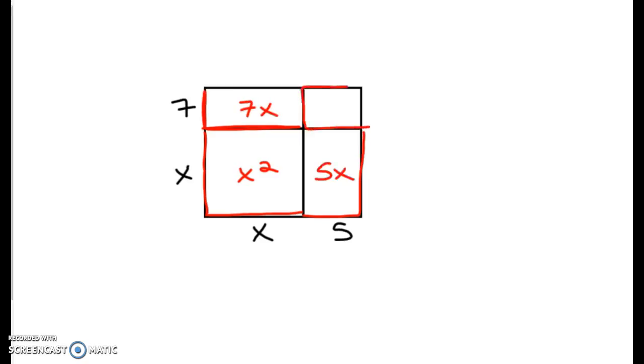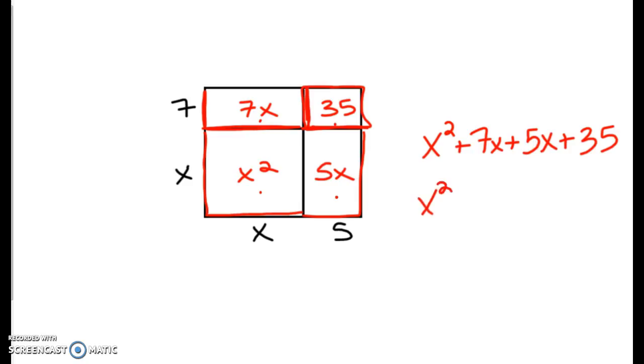And this little box up here, the dimension is 5 by 7, so 35, because 5 times 7 is 35. Okay, if I want my expanded form, I'm going to add up all of these areas. So x squared plus 7x plus 5x plus 35.